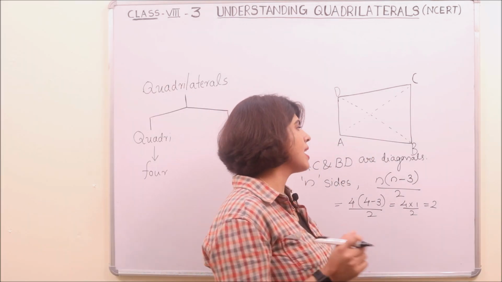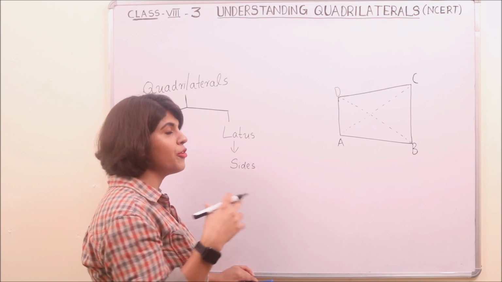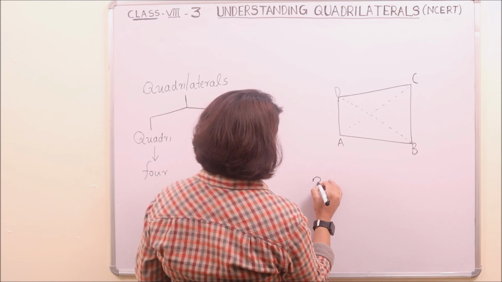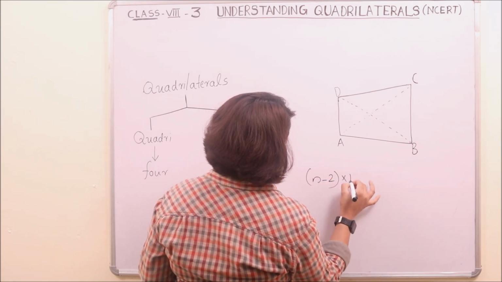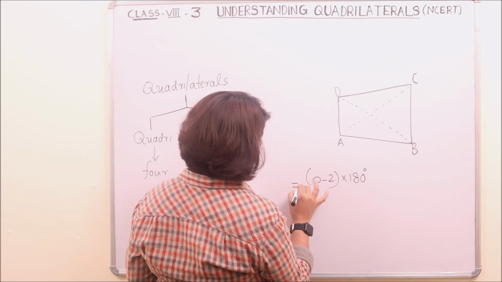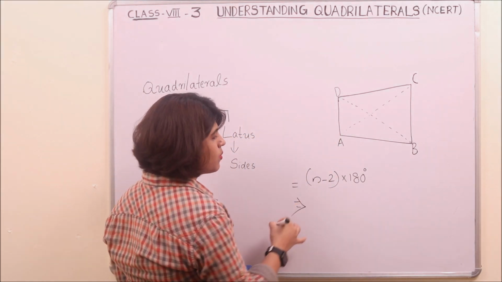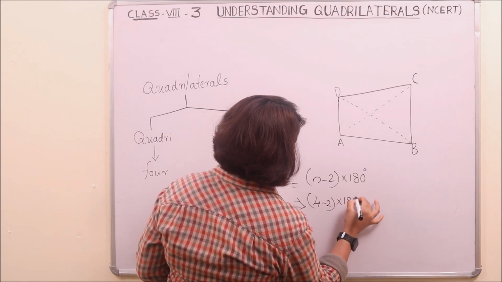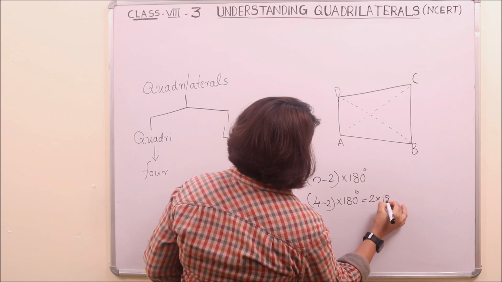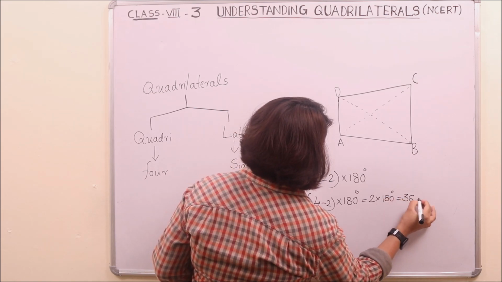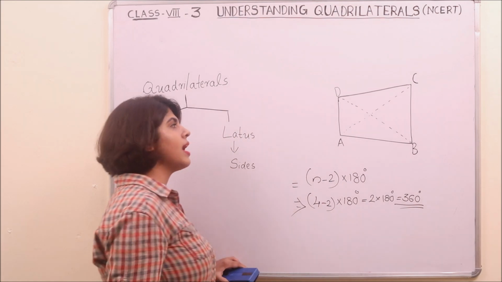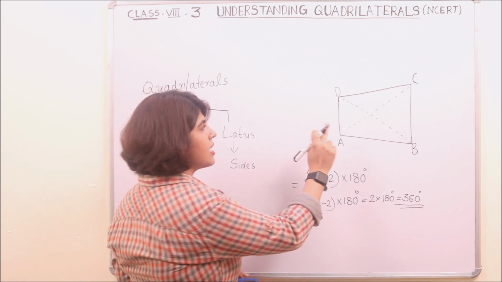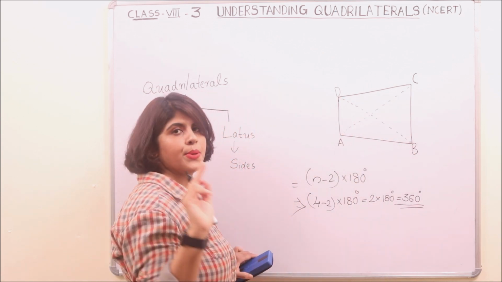Now we will move on to the angle sum property of a quadrilateral. The angle sum property of a polygon says the sum of interior angles of a polygon is always n minus 2 into 180 degrees. So in the case of a quadrilateral, that is 4 minus 2 into 180 degrees, that is 2 into 180 degrees, which is equal to 360 degrees. So the sum of the interior angles of this quadrilateral should be 360 degrees.